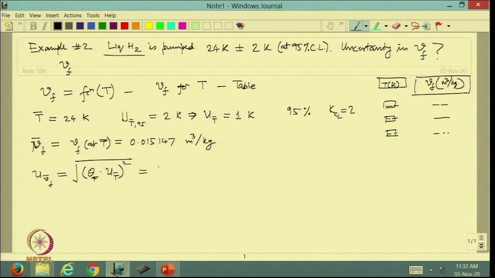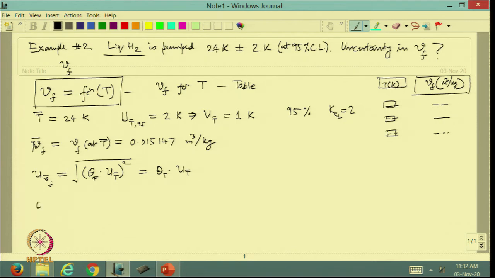So, this becomes nothing but theta t, the absolute value, times u t bar. Now, we want the sensitivity coefficient theta t. Since we do not have an analytical expression for V f as a function of t, if we had that, we could have just differentiated it and then gone ahead like we did in the earlier problem. We do not have it.